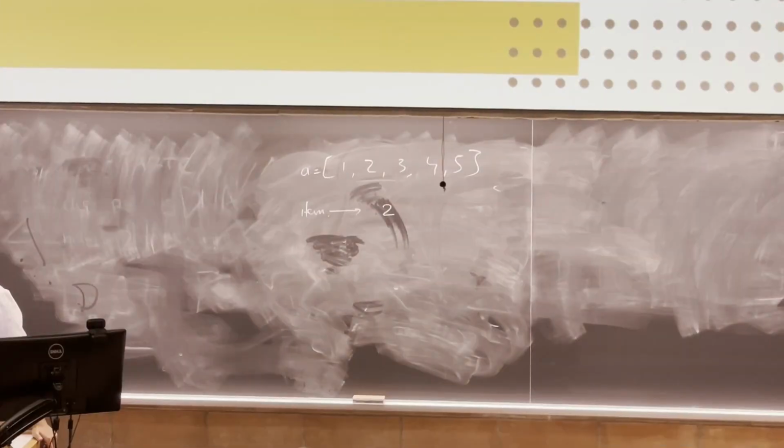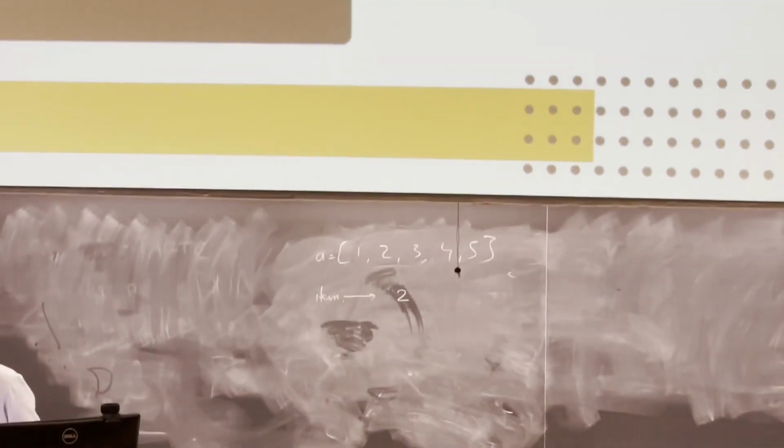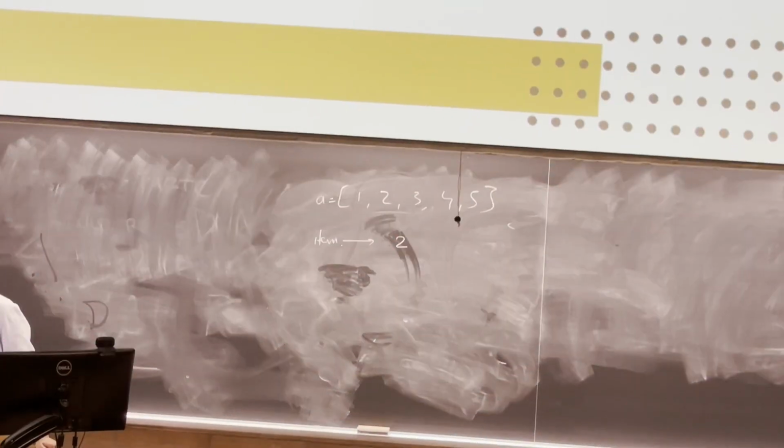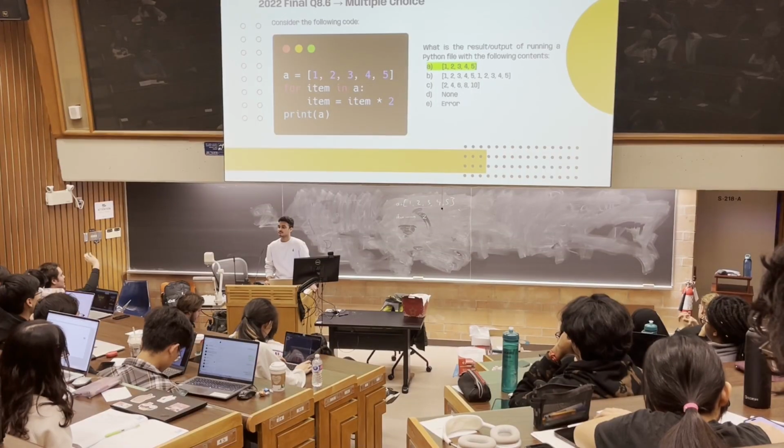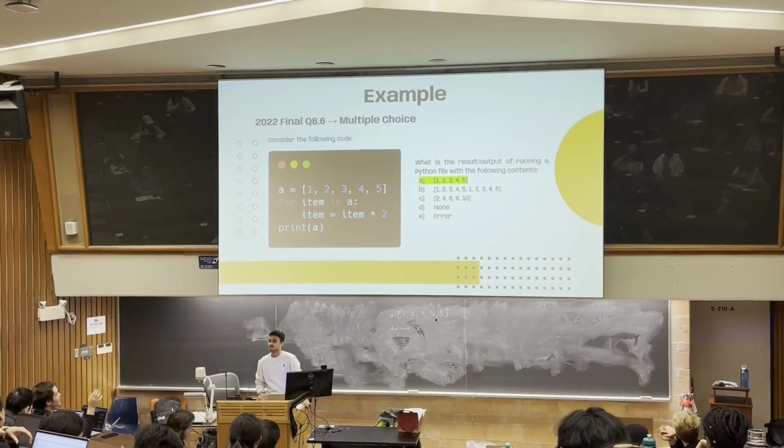If you wanted to get answer C, you would loop over the index, and you would have to store the result back. So in A at index i, you store the changed value.